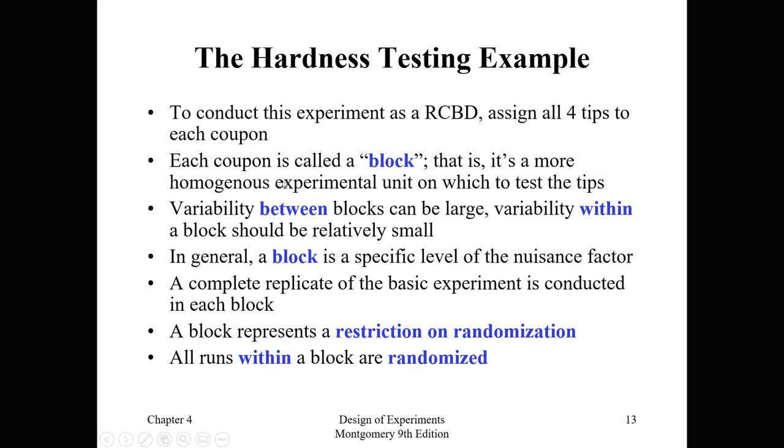All right, so when we're looking at the variability with blocks, variability between blocks can be as much as we want. And in fact, it's a good thing when variability between blocks is big. So variability between blocks can be large. When my coupons are really different, then the blocking factor actually becomes a really, really good thing to account for.